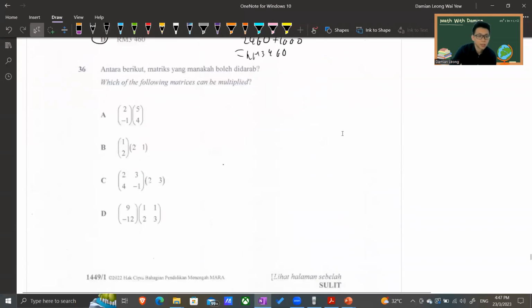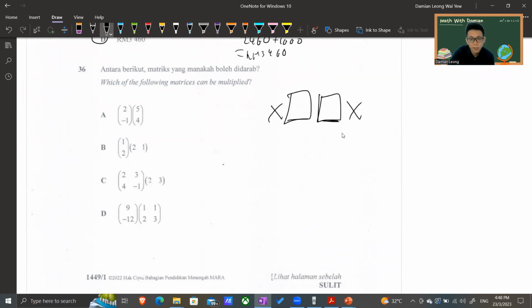Then question 36. Which matrix can be multiplied? It can be multiplied by looking at the order of the matrix. The column of the first matrix must be the same as the rows of the second matrix. So this is 2 rows, 1 column. This is 2 rows, 1 column.